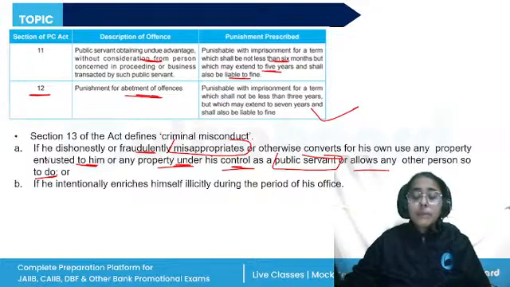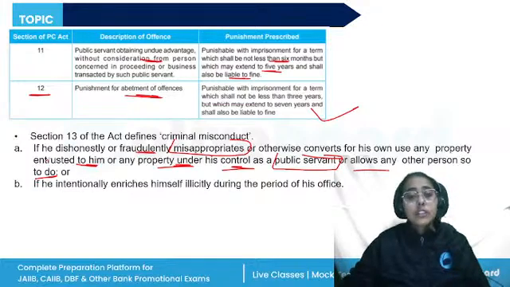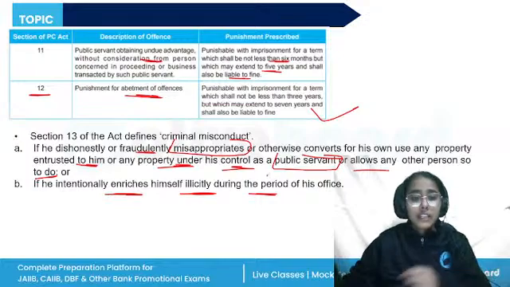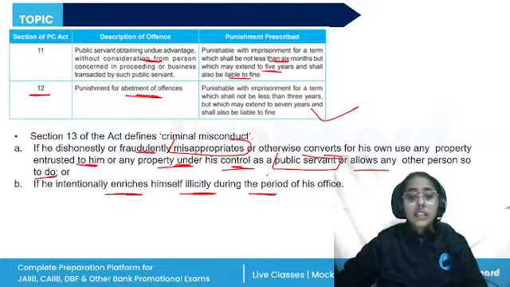So, if any property, let's say a car, is given to them by the government, but they're using it for their personal use, then it is criminal misconduct. Or if he intentionally enriches himself illicitly during the period of his office. These will be termed as criminal misconduct.